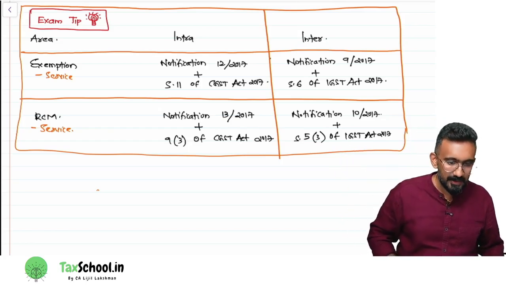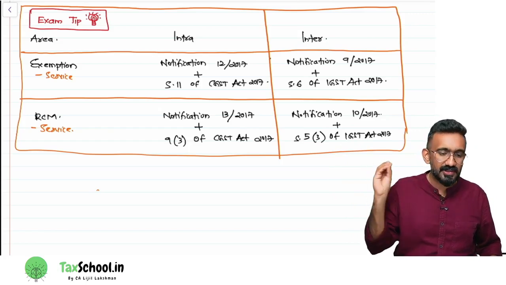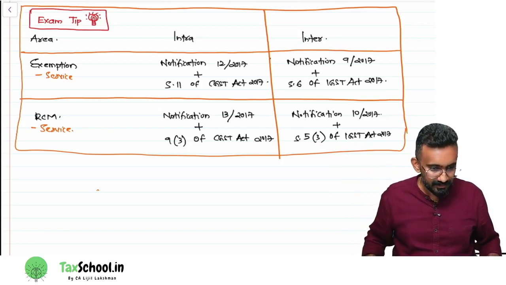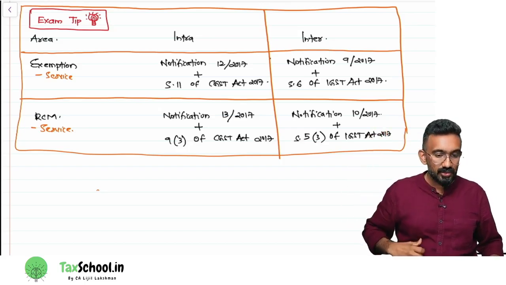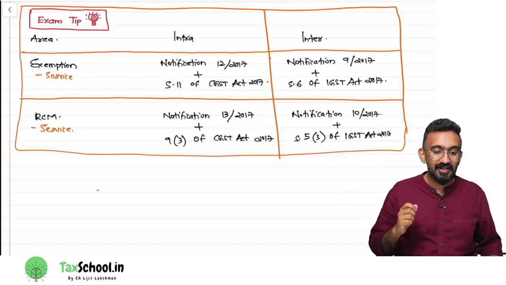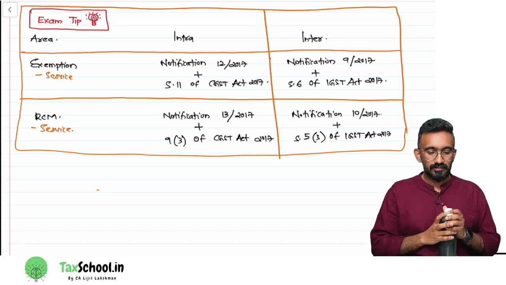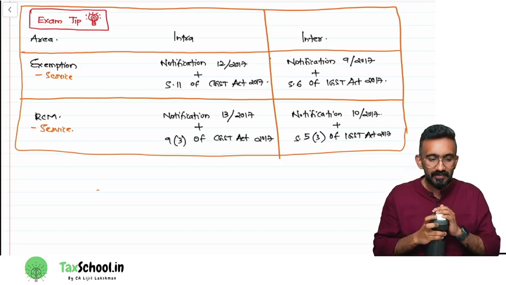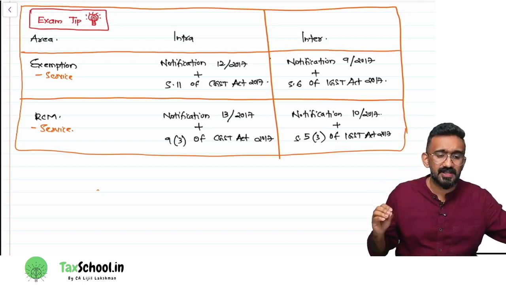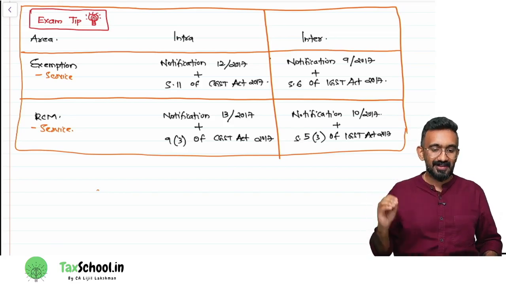So what I've done, I've kept it like this. If it is exemption of services that you're learning, you're basically looking into, if it is intrastate supply, the exemption from section 11 of CGST Act. And exempted services are notified under notification 12/2017.